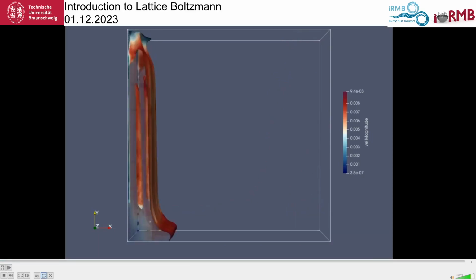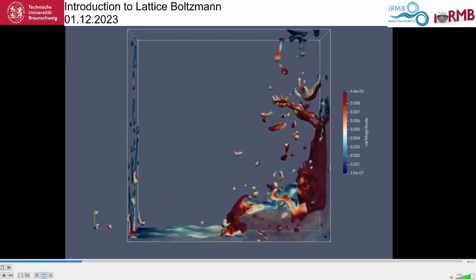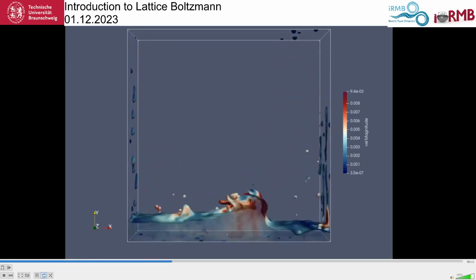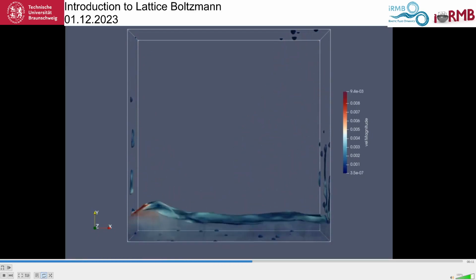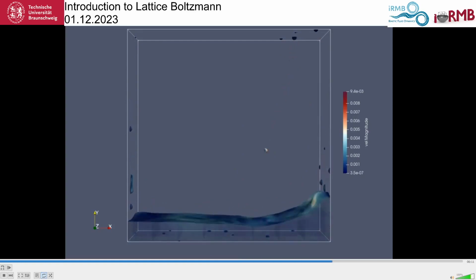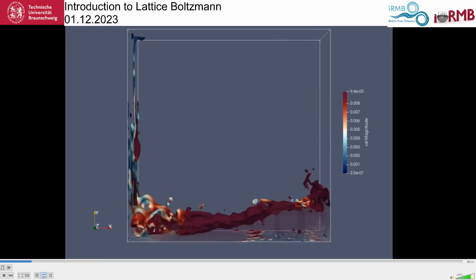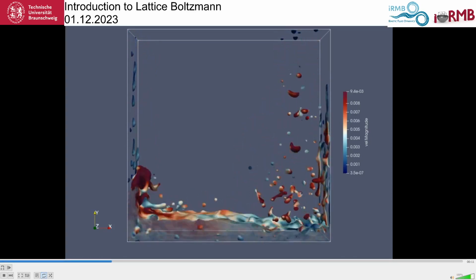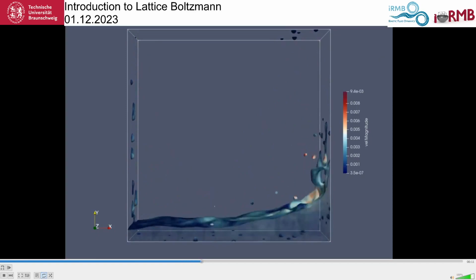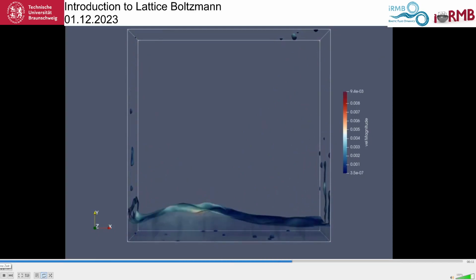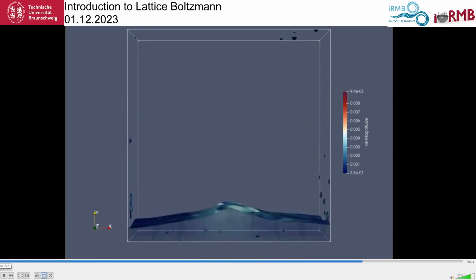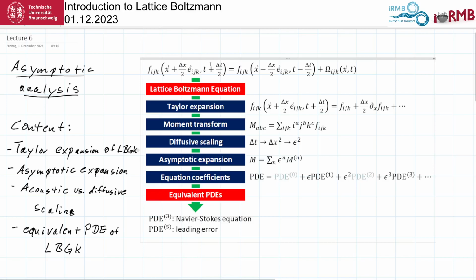Because I'm always told we are doing too much theory here, today we are almost in the middle of the semester and we have a very central lecture in this series, because now we have gathered enough information that we can actually deal with the real analysis of the Lattice Boltzmann method.